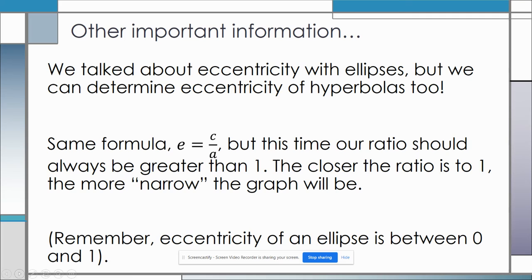This time, if it's a hyperbola, when we divide the c and the a, we should be getting something that is greater than 1. Okay, so the closer the ratio is to 1, the more narrow the graph will be. But this time, if we get a number that is bigger than 1, it's a hyperbola rather than an ellipse.